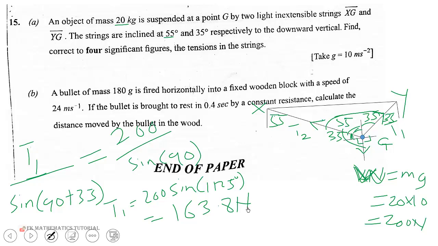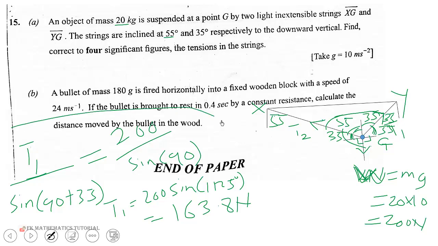Then we can also evaluate the second tension, which is tension 2. So T2 over the sine of this angle, which is 90 plus 55.